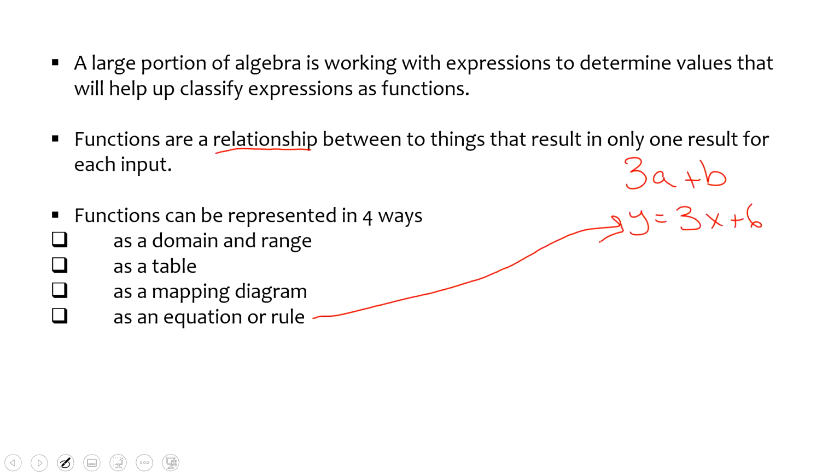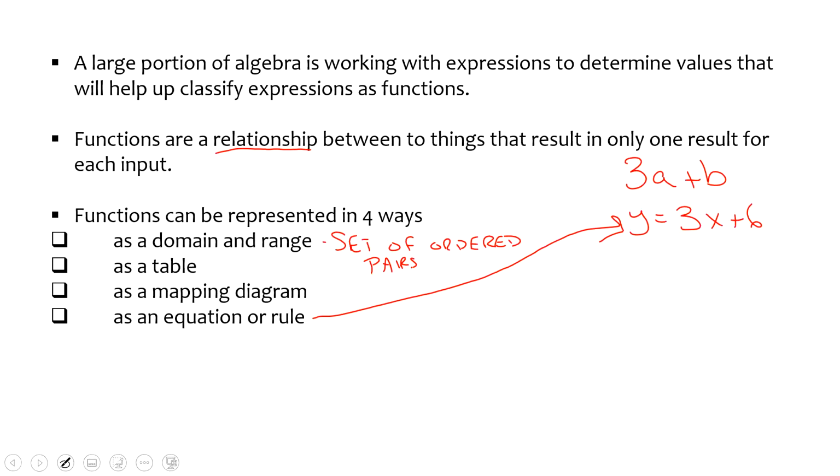And then the other one is a set of ordered pairs, rather than a domain and range, so I'm going to change this to a set of ordered pairs. That's what we'll work with at the end of this unit to set up the other ways to figure out our relationship.